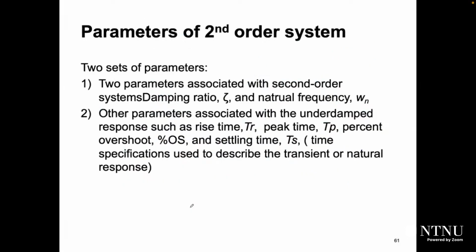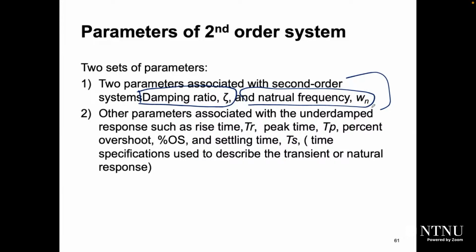So, the parameters of the second order system: we have two parameters which are associated with the second order system. Those are the damping ratio and natural frequency. Those are the two parameters used to characterize any second order system.